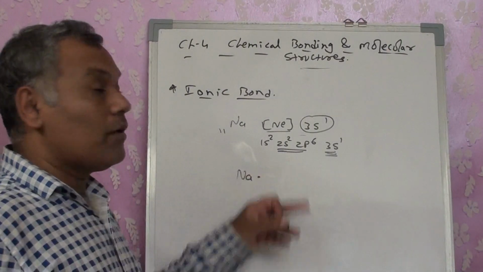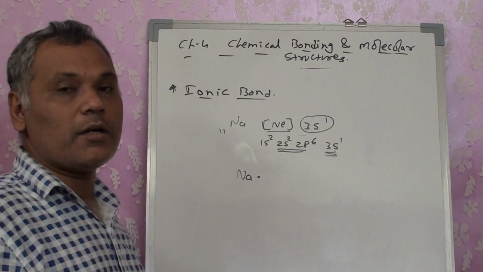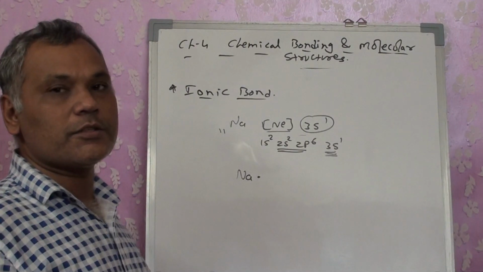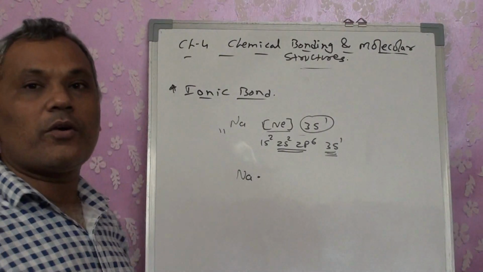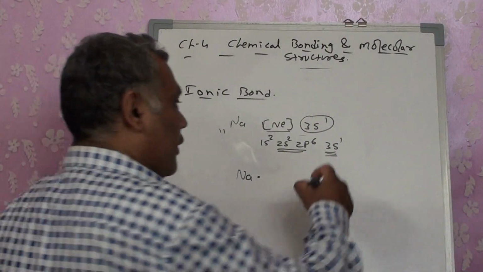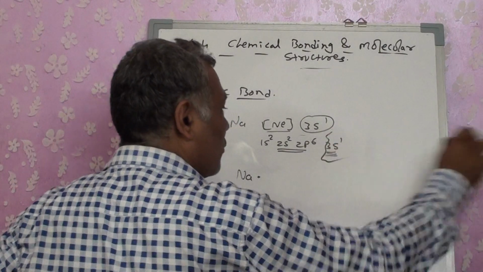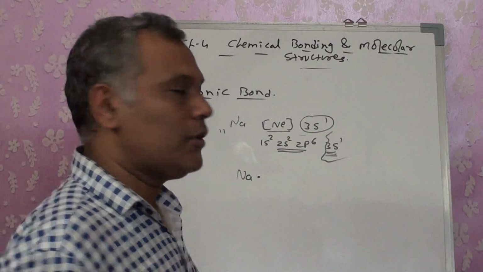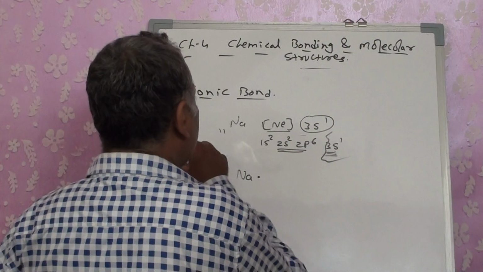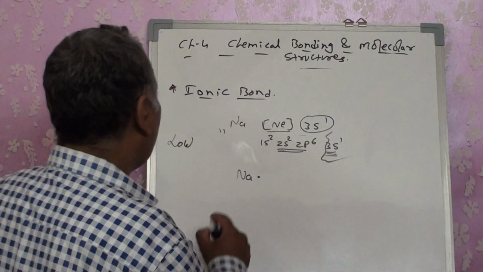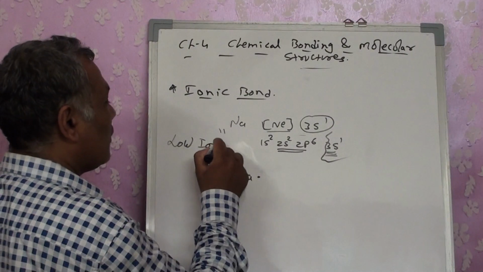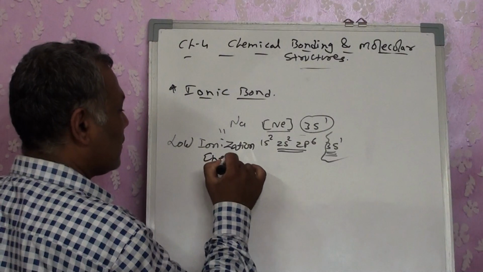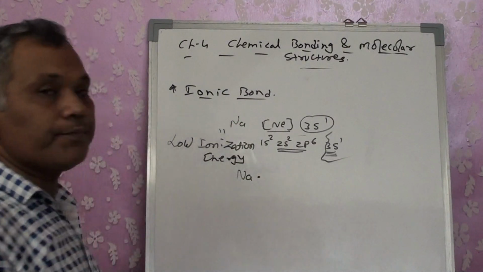It has a big atomic size. You studied that from top to bottom, ionization energy decreases. It has only 1 electron in its outermost orbit, and it can remove that electron from the outermost orbit with a very small amount of energy. That means you can say sodium has low ionization energy.